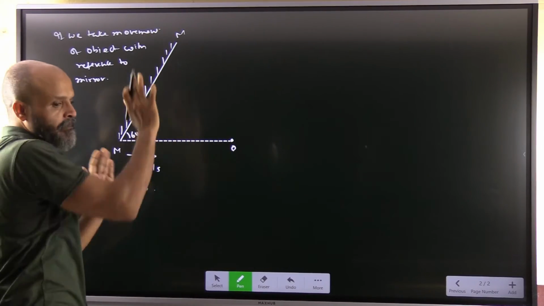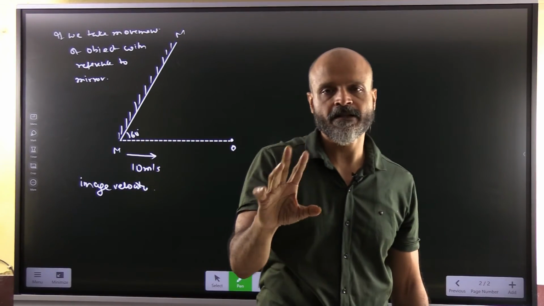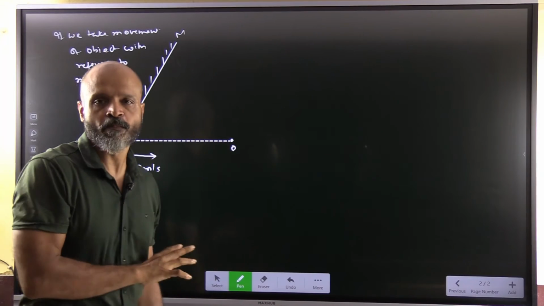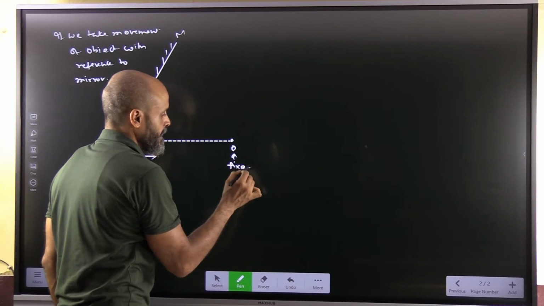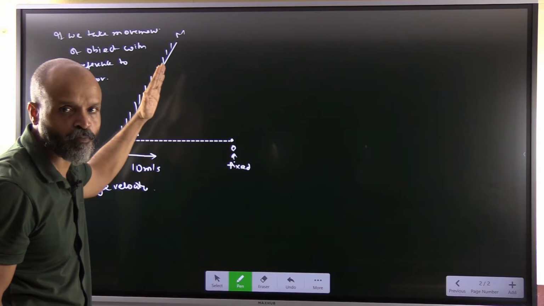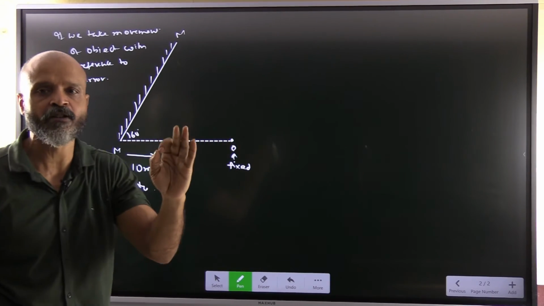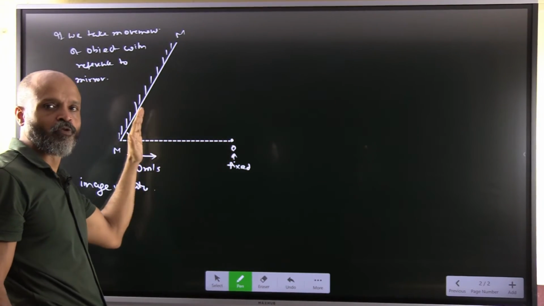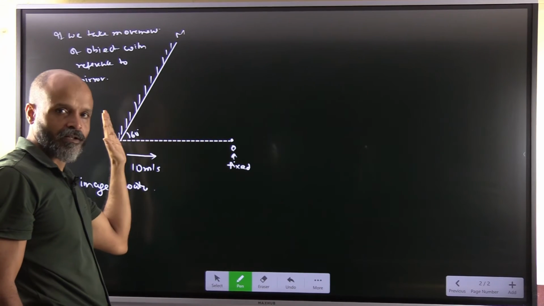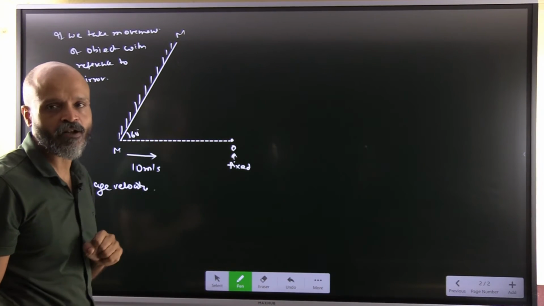I am keeping the mirror as fixed, which means that the mirror actually is not fixed. The object is fixed here. Either I take the mirror to be moving towards the object with a speed of 10 meter per second, or I take the object to be moving towards the mirror, left hand side, with a speed of 10 meter per second.